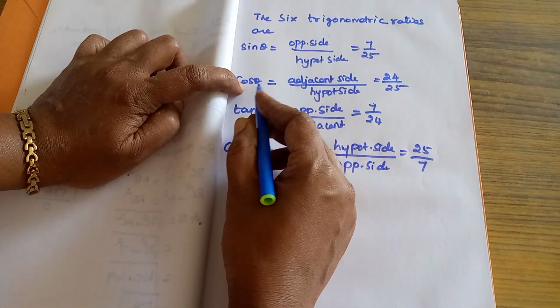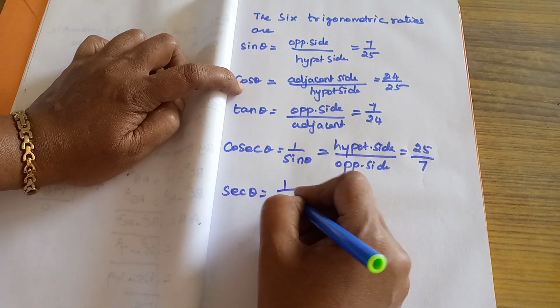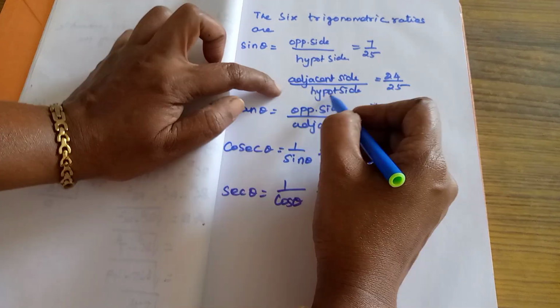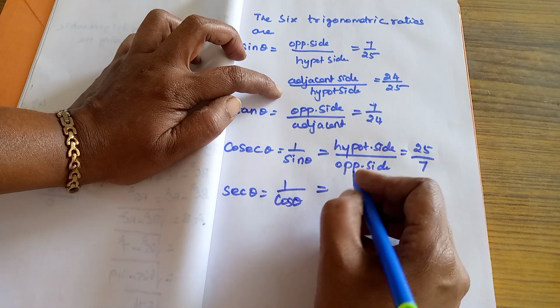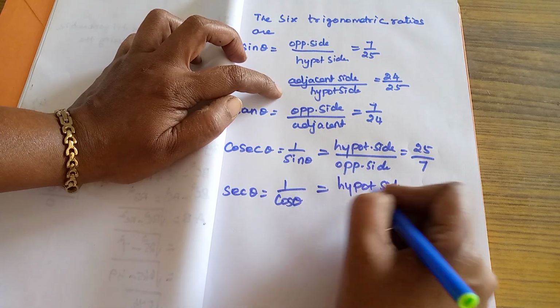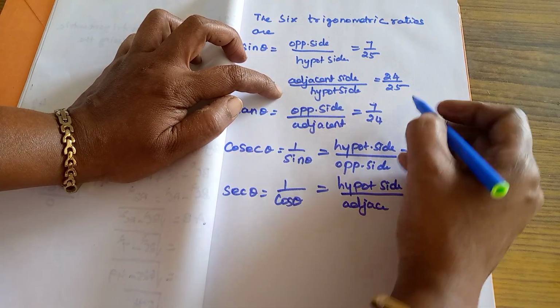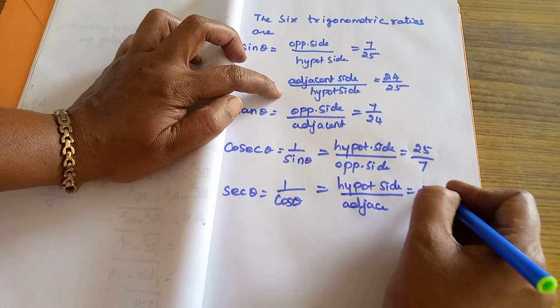Next, reciprocal of cos theta, that is secant theta, equal to 1 by cos theta. We write it reciprocally, so it becomes hypotenuse side by adjacent side, which is 25 by 24.